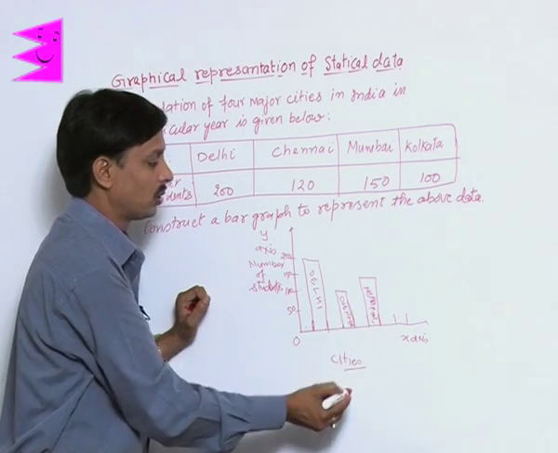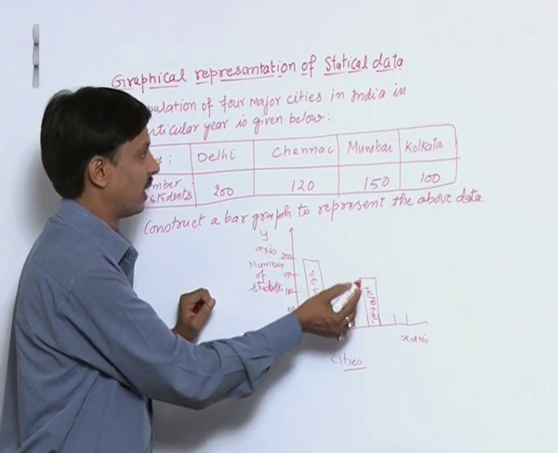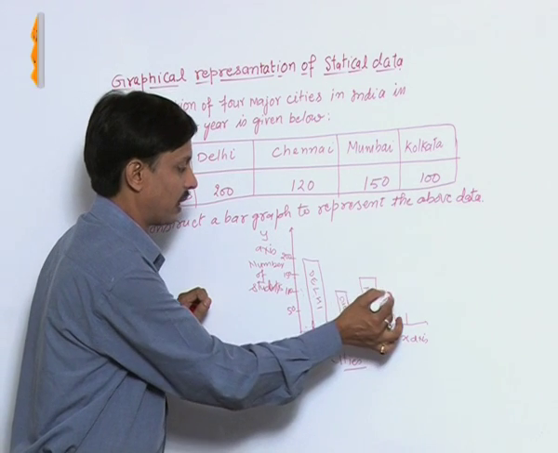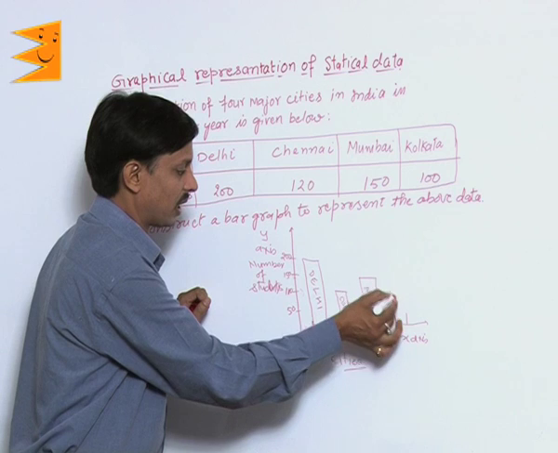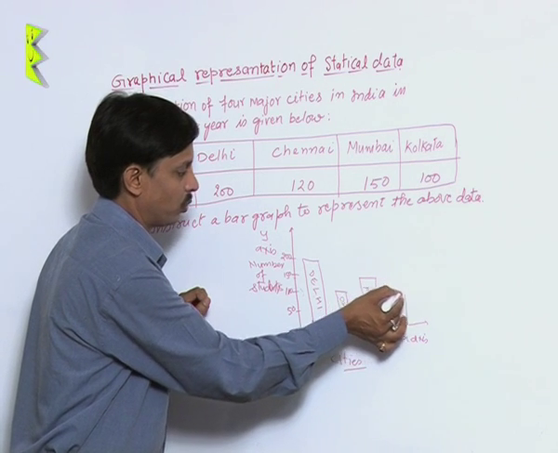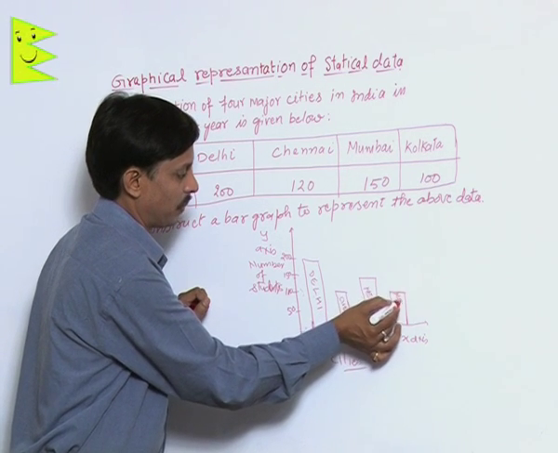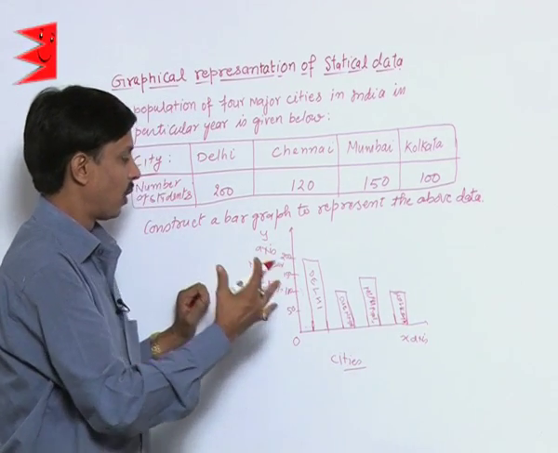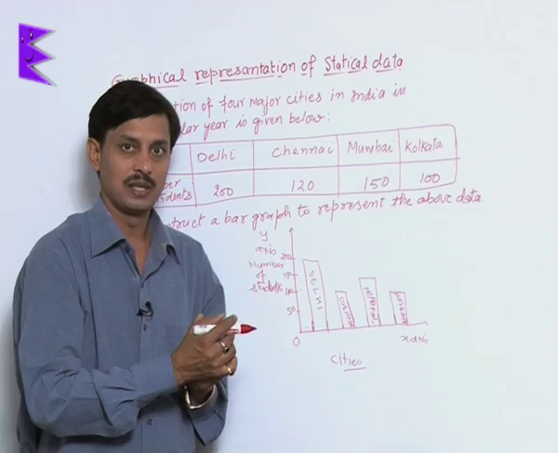Now the fourth bar is for Kolkata; the height of Kolkata's bar will be 100 units, the reason being there are 100 students. So this represents Kolkata. This is the way of making the bars.